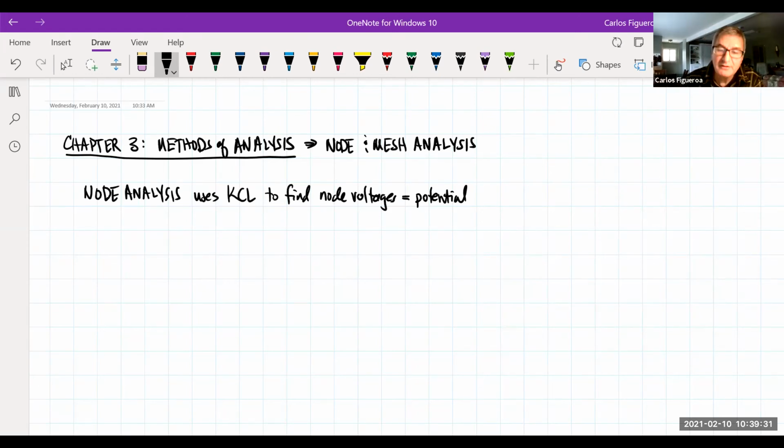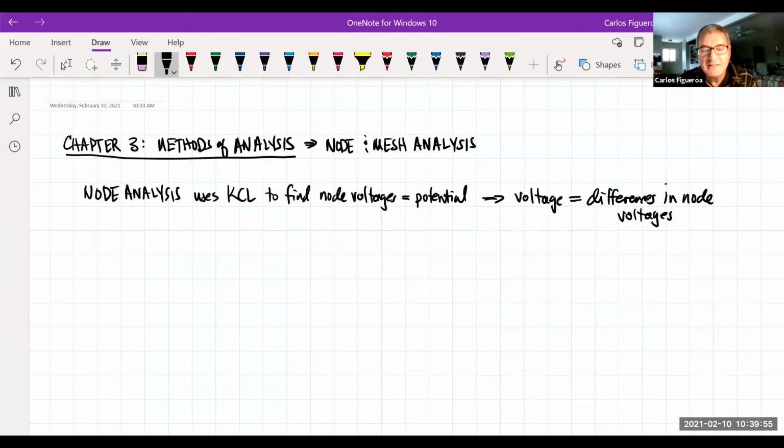So what we do here is that to calculate voltages, we have to calculate the difference in node voltages. So what this tells us here is that a voltage is equal to differences in node voltages. And that's a little bit surprising. And here's where you're going to really learn about the ground. And then we could say the thing about mesh analysis.